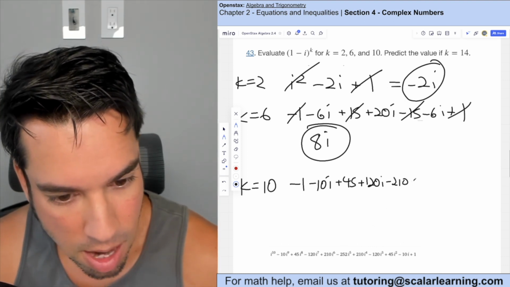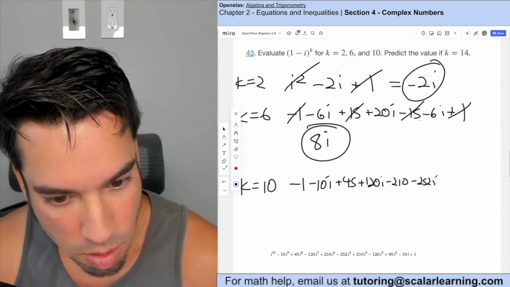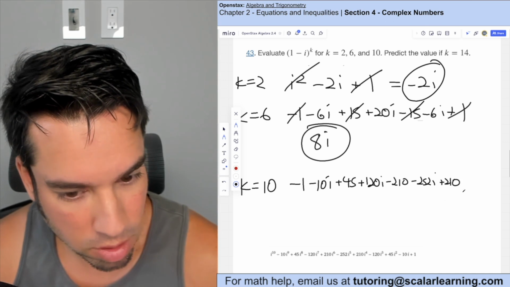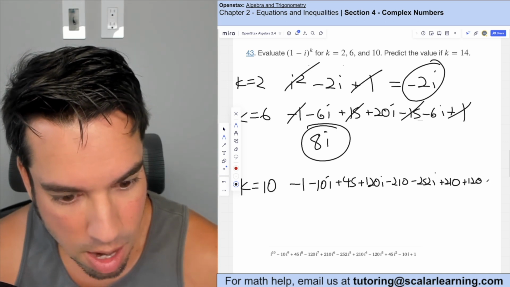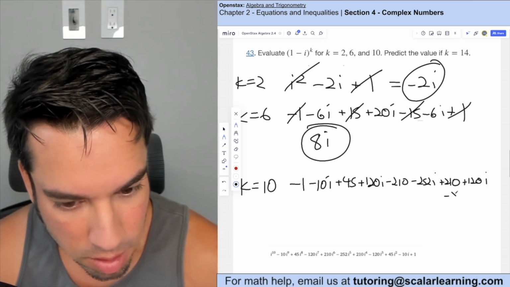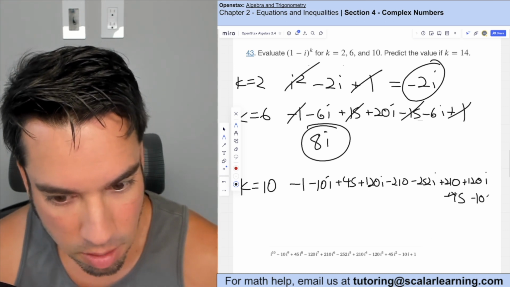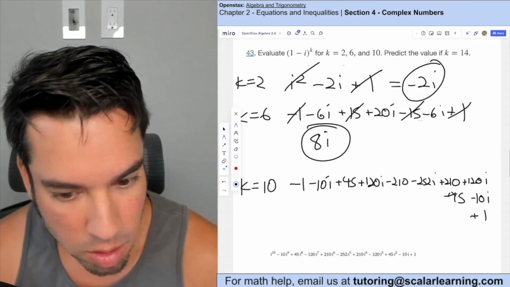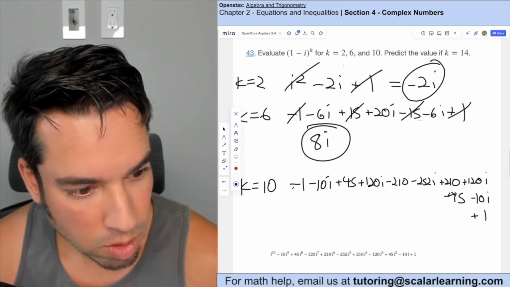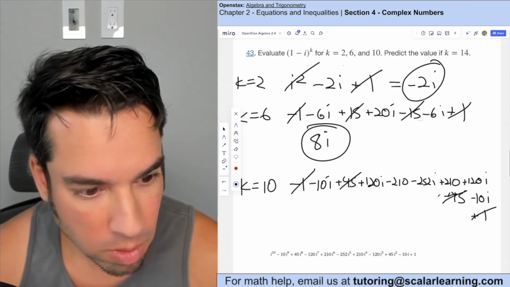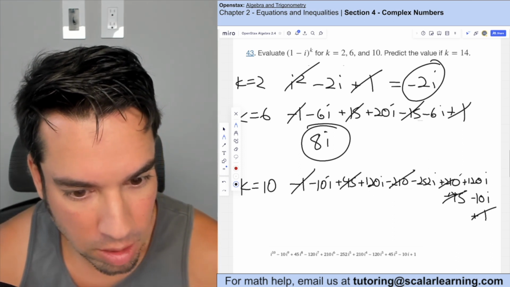i to the 5th is like i, so that's minus 252i. i to the 4th is just 1. i cubed is negative i, so that's plus 120i. i squared is negative 1, minus 45, minus 10i, and then plus 1. So once again, the 1s cancel, the 45s cancel, the 210s cancel, positive and negative.